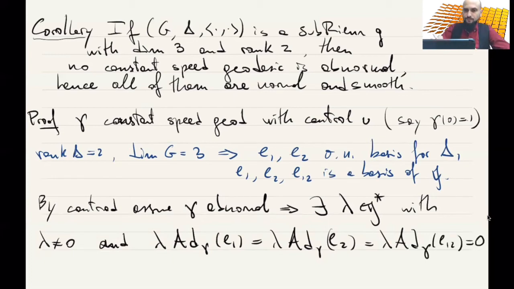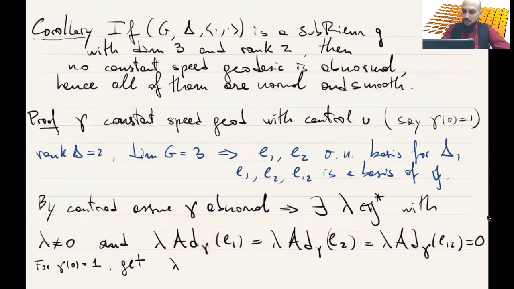Now, what happens if we take the equations at time 0, where gamma is the identity? Remember, this is the identity of the group, so the adjoint is the identity map.